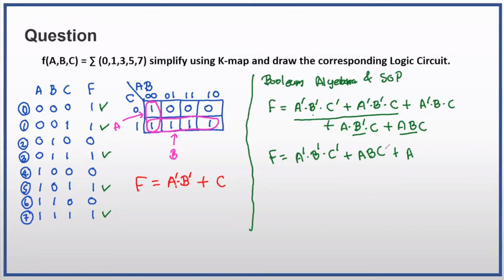A, B, C, AC, B dash. So again, like these terms, you can get A dash and C with B dash. Again, it comes a little bit more complex.